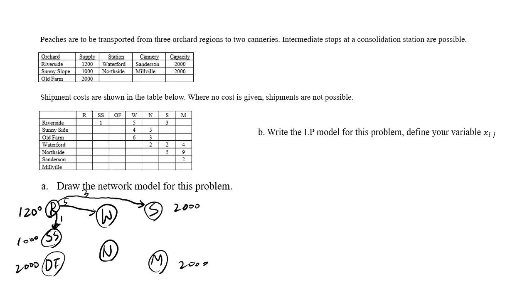Sunnyside to Waterford, 4. Sunnyside to Northside, 5. Old Farm to Waterford, 6. Old Farm to Northside, 3.